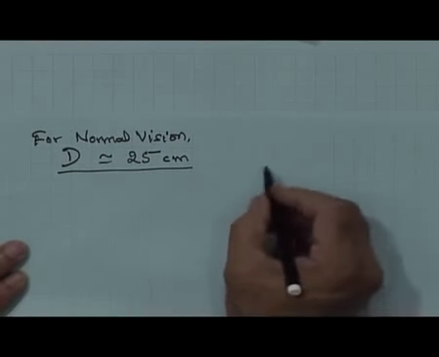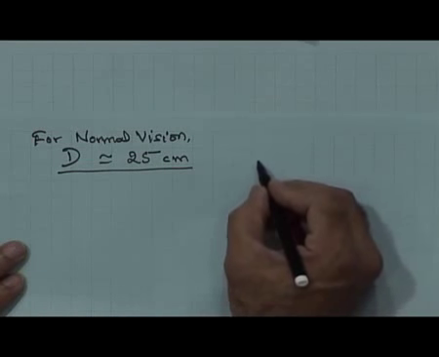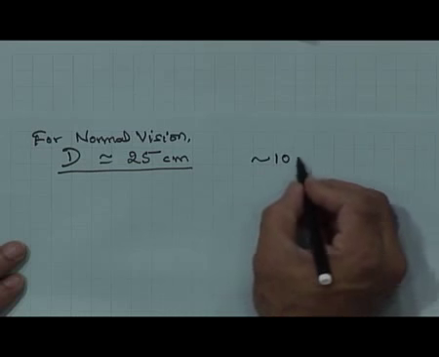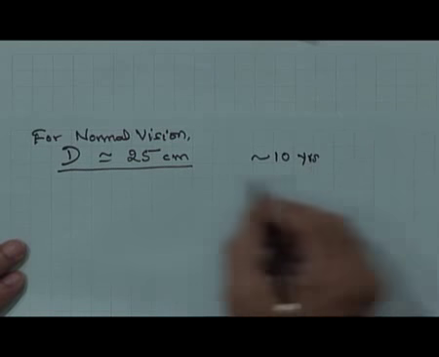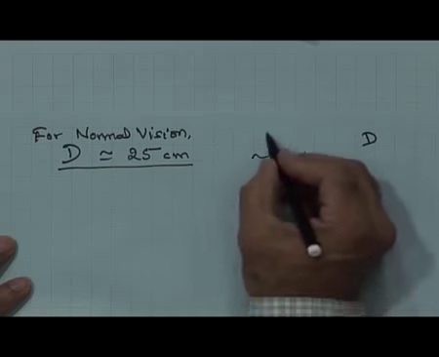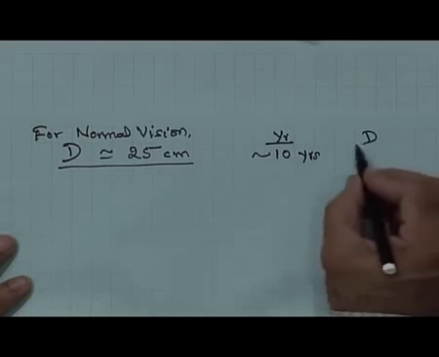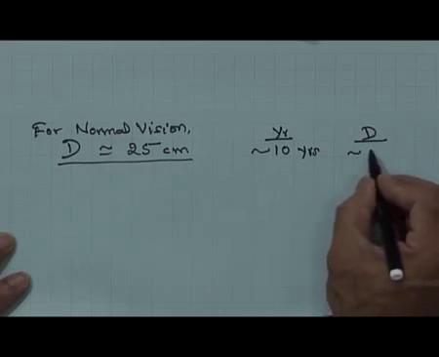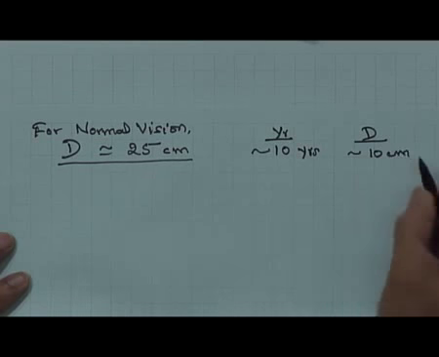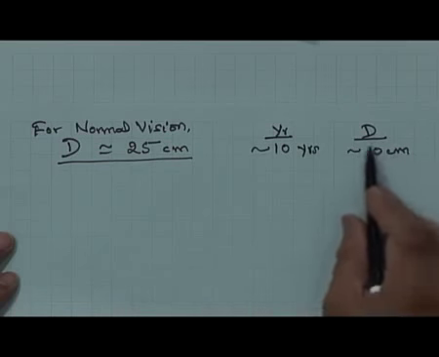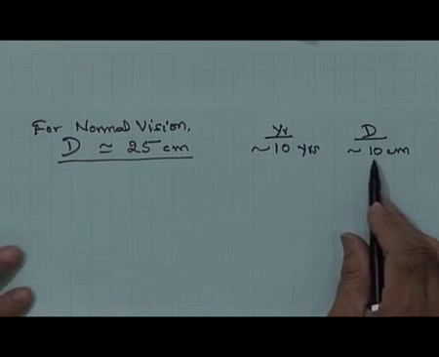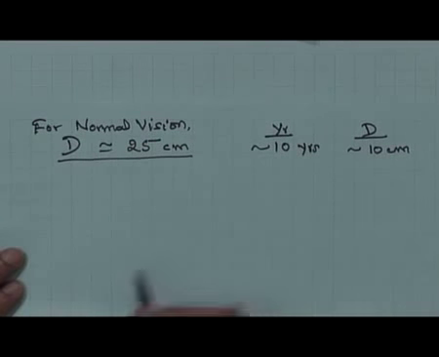For example, for children around 10 years of age, I am just giving some typical numbers for age and D, D is approximately 10 centimeters, which means objects which are as close as 10 centimeters will also be seen very clearly by young children.